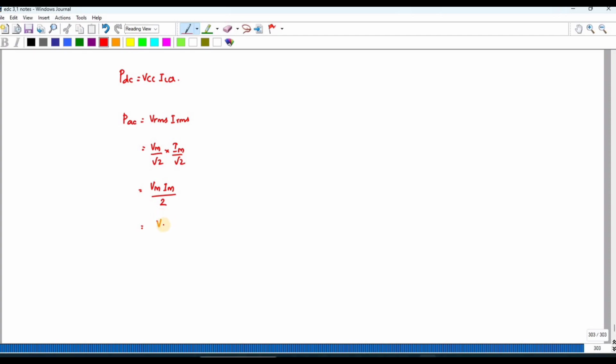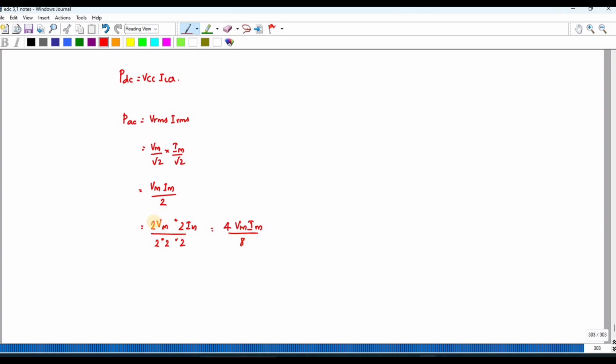If I multiply by 2, I can write it as 2 Vm into 2 Im divided by 8, which is nothing but 4 Vm Im divided by 8.